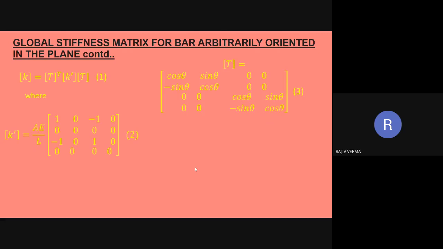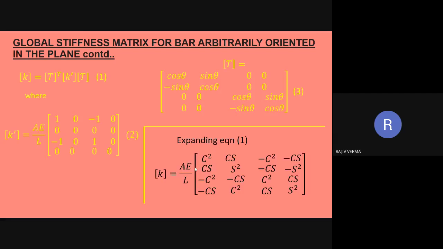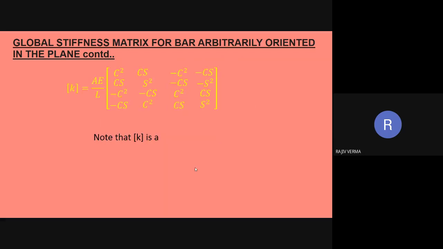Substituting equation number 2 and equation number 3 in equation number 1, we get the expression for the global stiffness matrix K, in which the terms such as C and S represent cos theta and sin theta, and obviously it can be noticed that the matrix K has certain properties such as K obviously is a square matrix of size 4.